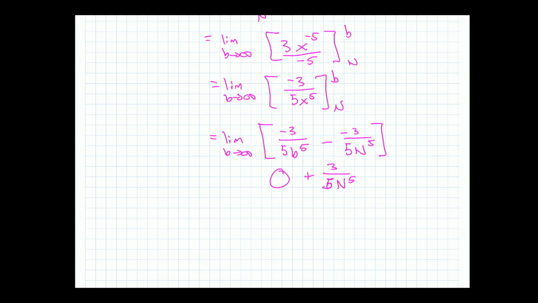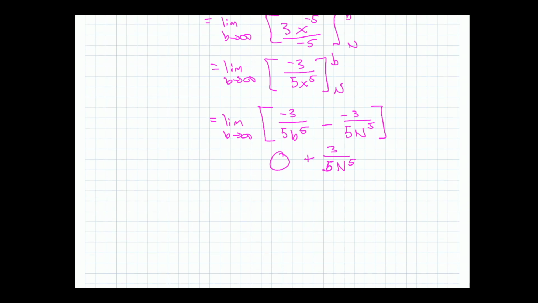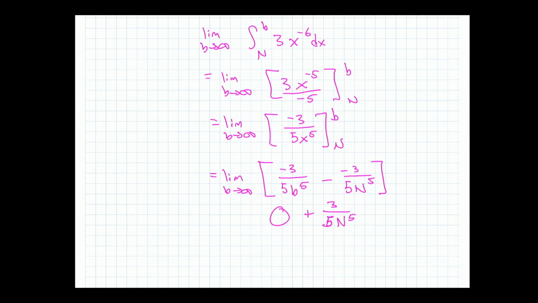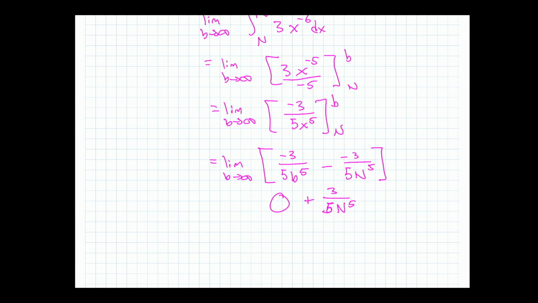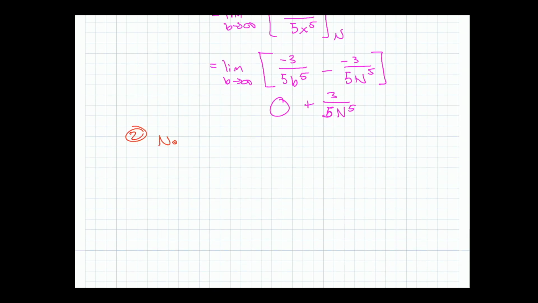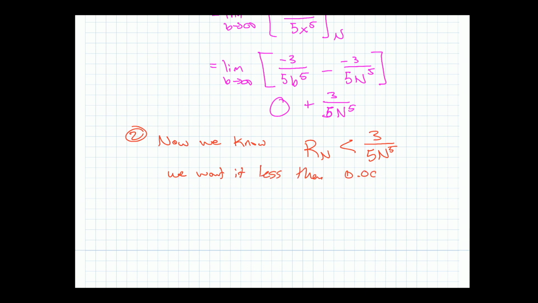Now the idea is that this is your maximum error. So we know that Rn is less than 3 over 5n to the 5, and we want that to be less than 0.001. That was given in the problem; we didn't come up with it.